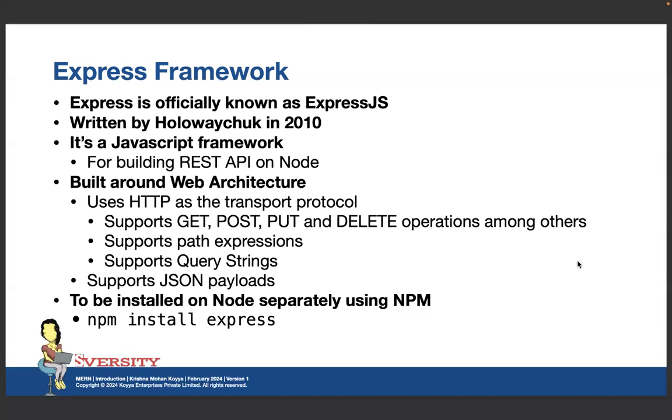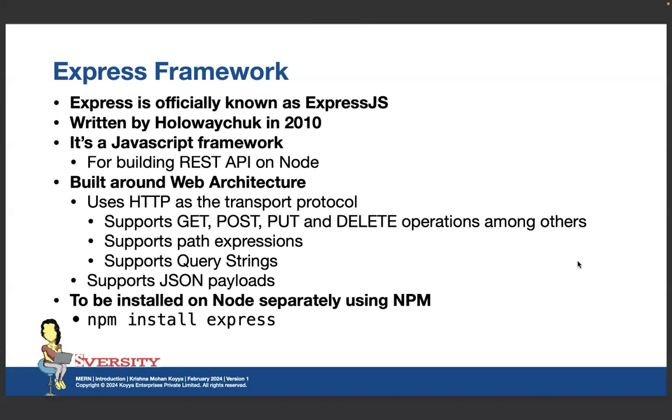REST means obviously the web architecture, right? So it uses HTTP as the transport protocol. When you say REST, most likely you are going to use HTTP as the transport protocol so that you can develop REST APIs in the form of GET or POST or PUT or DELETE operations. It supports REST path expressions.